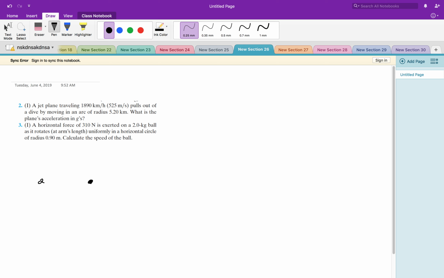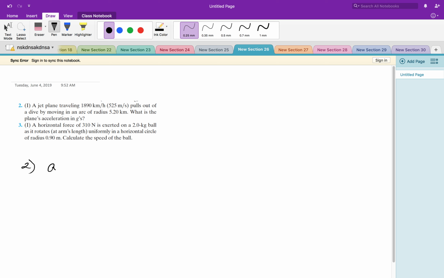This is number 2. So we have the initial plane, it's diving like this, so initially this is the force that it feels, and then suddenly it's going to exert an upward force. Oh, actually, it is easier than that. Sorry, 2 mistakes in one day. Not so hot for me. I was right. So the net force is the centripetal force.